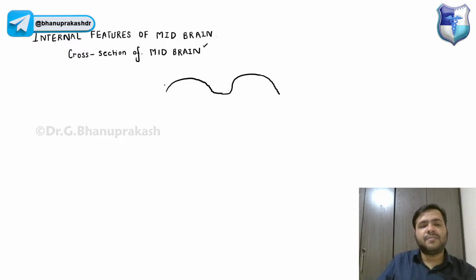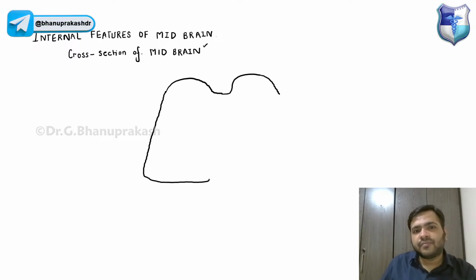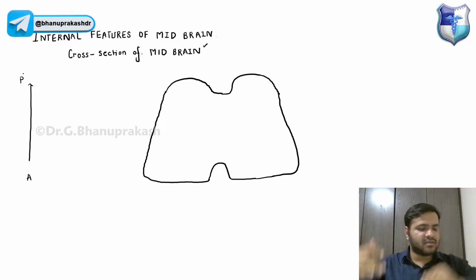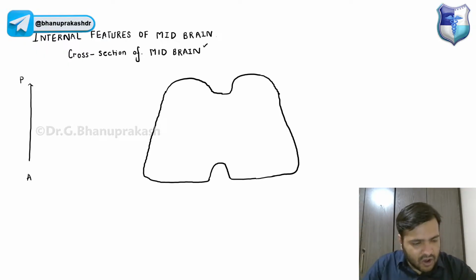If we cut the midbrain from anywhere, what will we see here, guys? We will have a central gray matter. I will show the structures from anterior to posterior and how they will look.